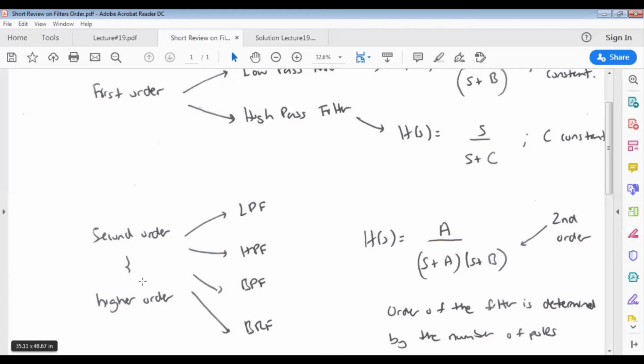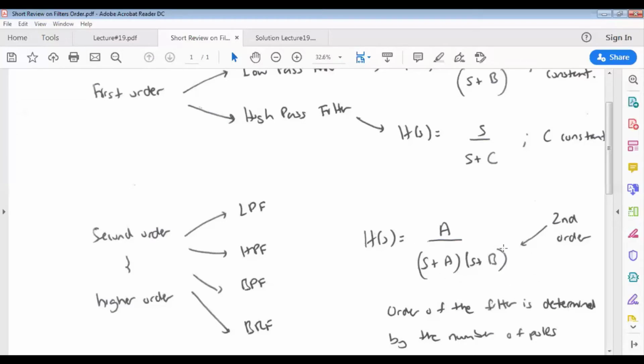Okay, what is the difference between the second order and higher order type as compared to the first order? The difference will be on the number of poles. If we consider a second order type of filter, whether it's a low pass, high pass, band pass or band reject, we are supposed to get two poles in the denominator.